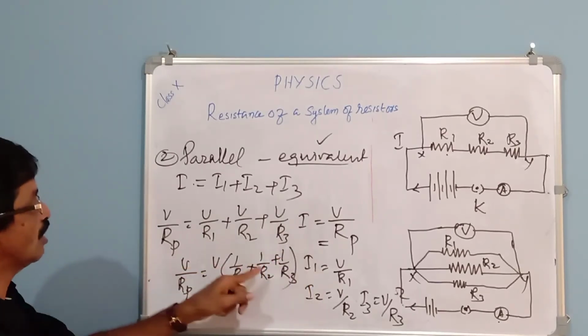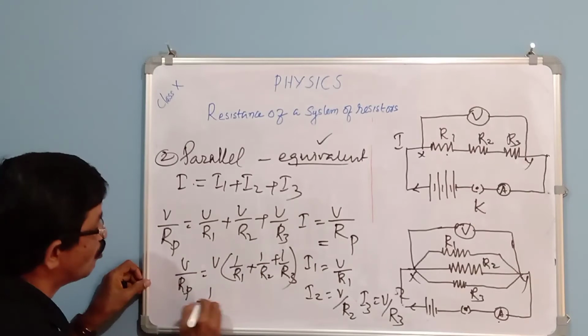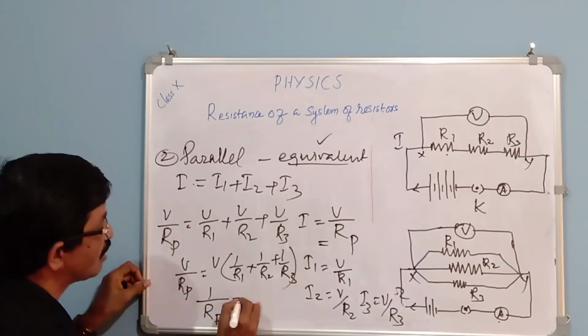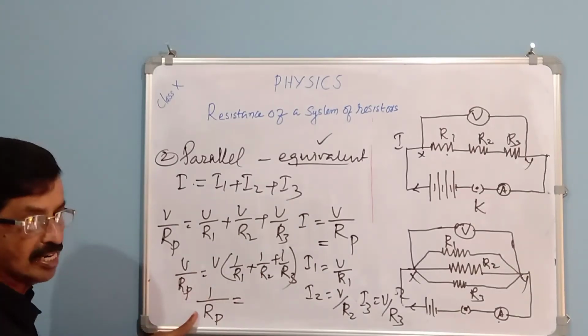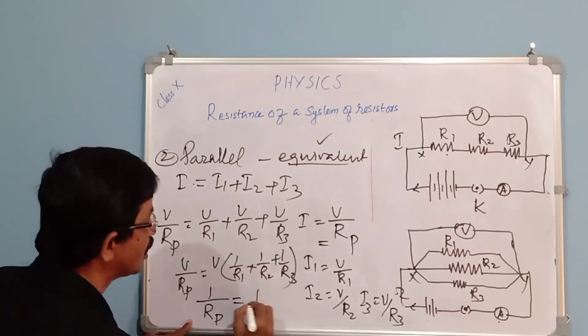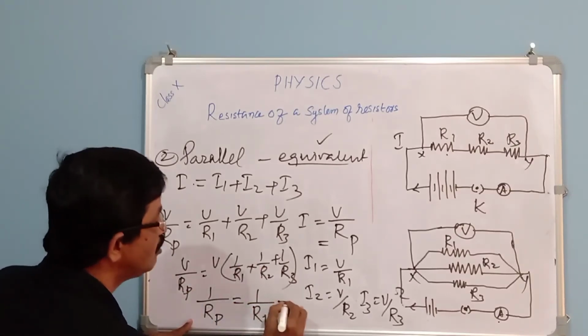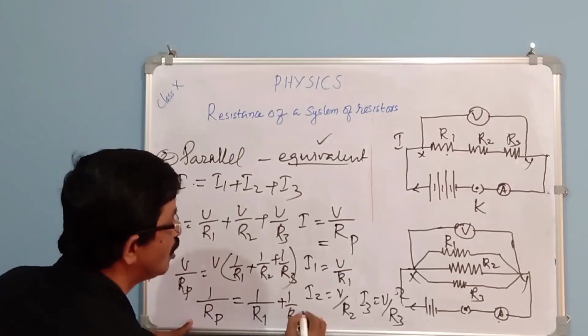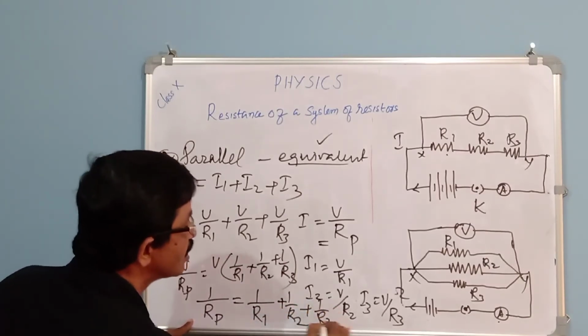Now we can cancel V from both sides, then we get 1 by Rp, that means the reciprocal of the equivalent resistance is equal to the reciprocal of the first one plus the reciprocal of the second one plus the reciprocal of the third one.